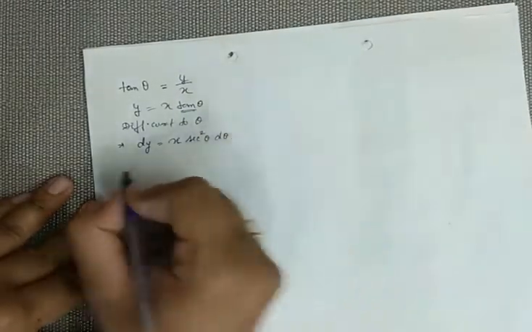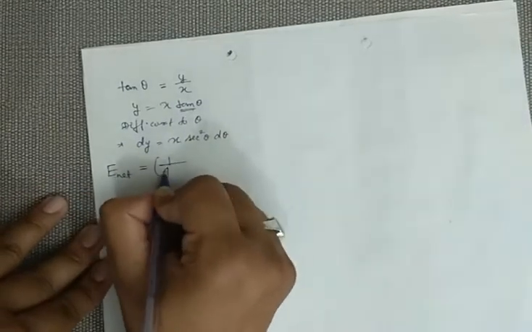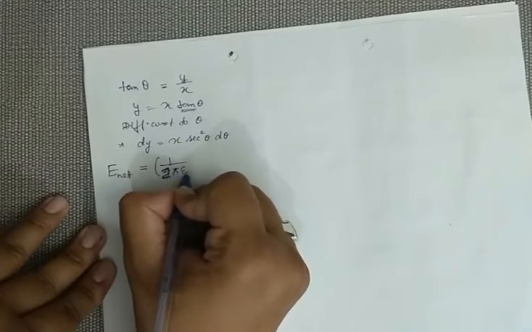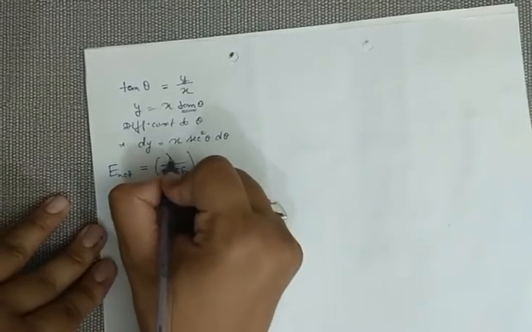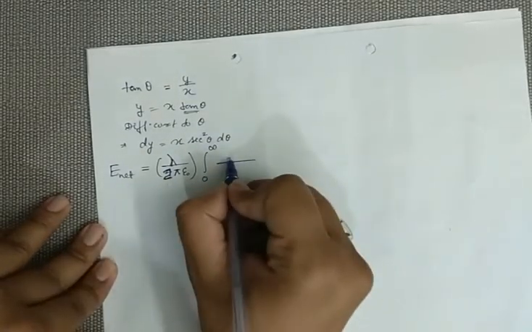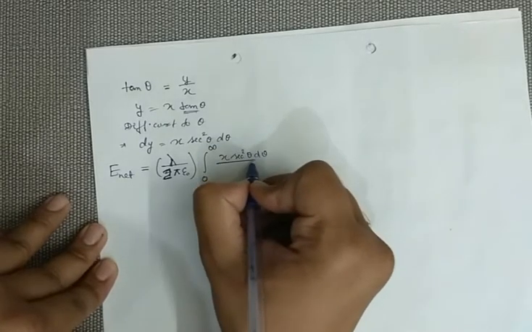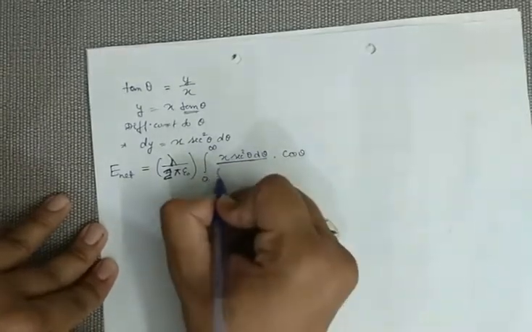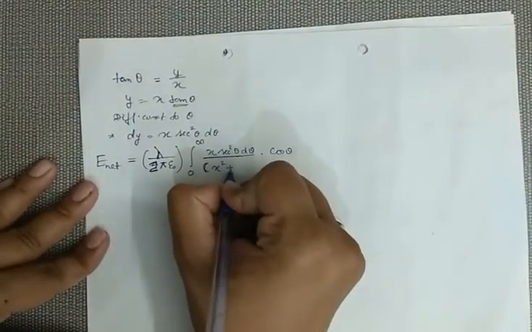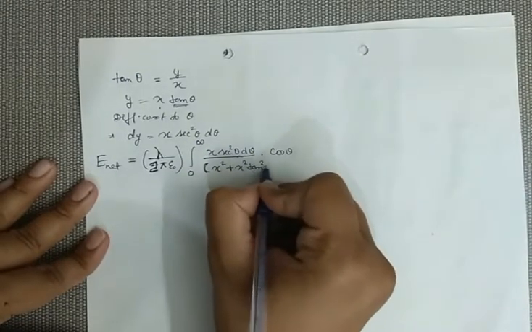So substituting the value of this dy, we have E net equals 1 upon 4 pi, sorry, it's 1 upon 2 pi epsilon naught times lambda. Lambda was here. Integrating from 0 to infinity. Now instead of dy, I can write x times sec square theta d theta into cos theta, and in the denominator it was x square plus y square. So x square plus, instead of y I can write x square times tan square theta.